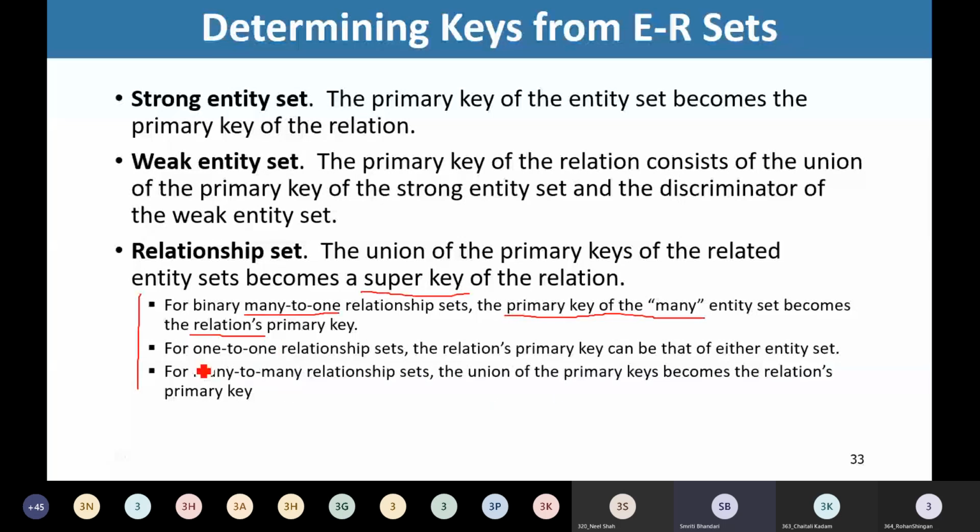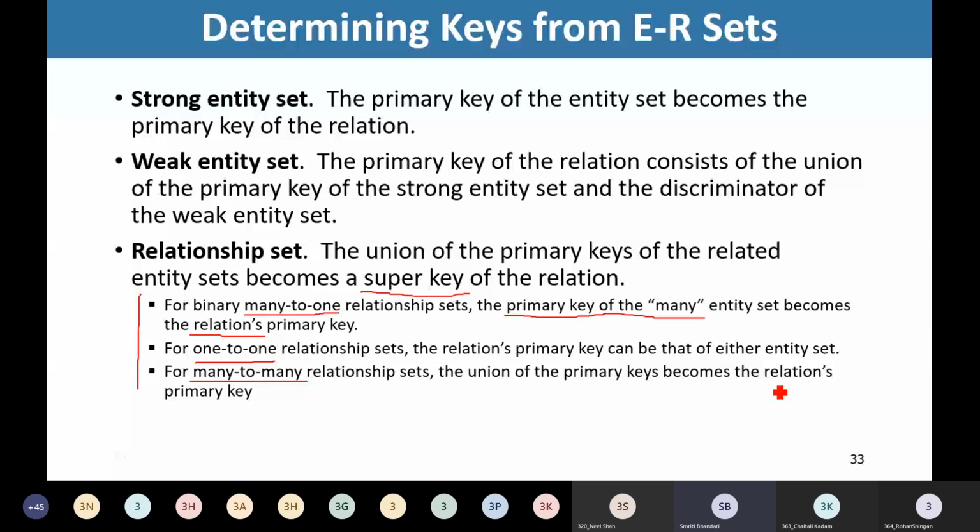If my relationship set is one-to-one, then obviously the relation's primary key can be any of the primary keys of the participating entity sets, because the relationship set is one-to-one. If we are having a many-to-many relationship set, then obviously the union of the primary keys of the participating entity sets forms the primary key of the respective relation.